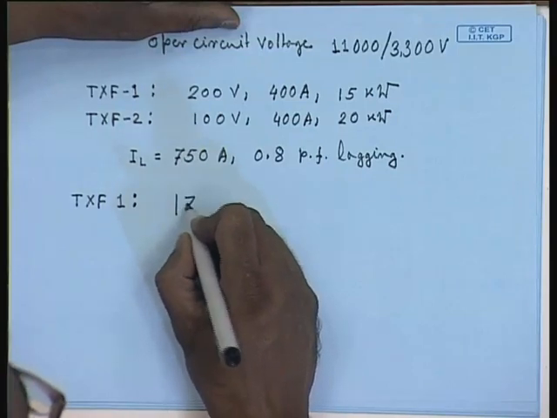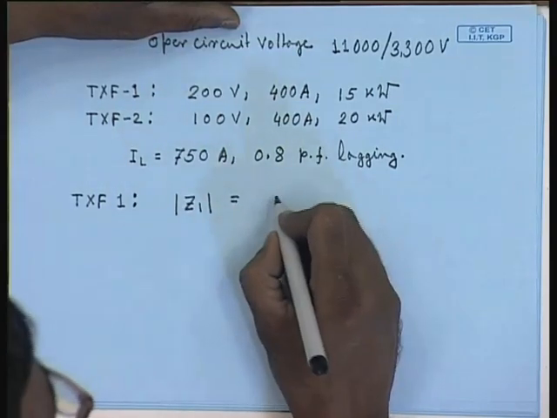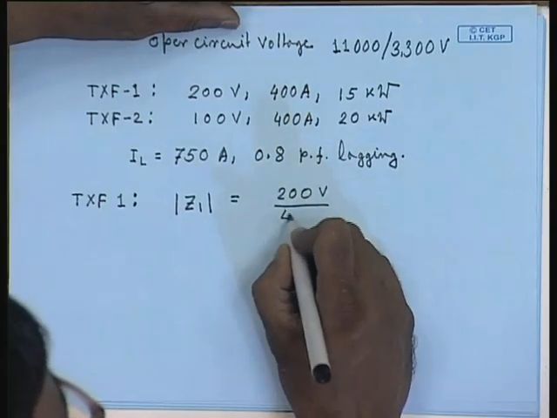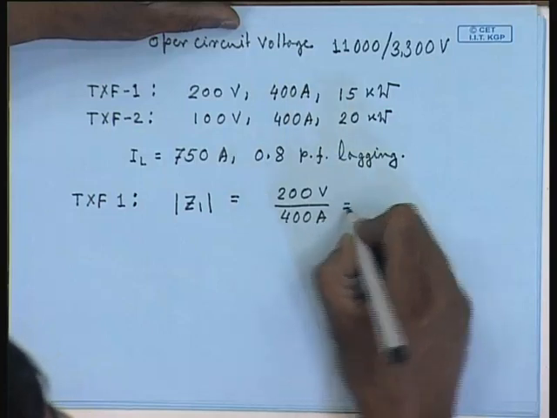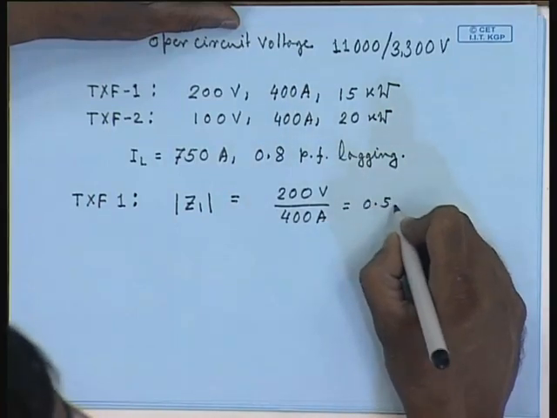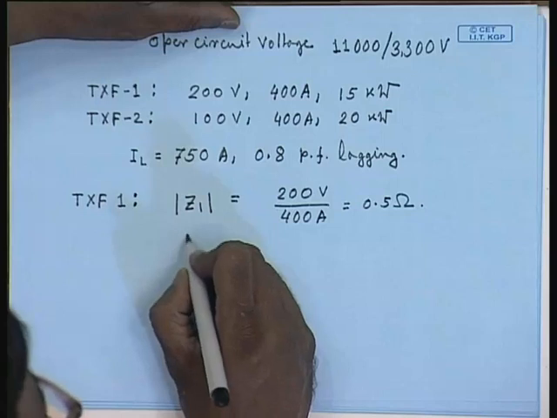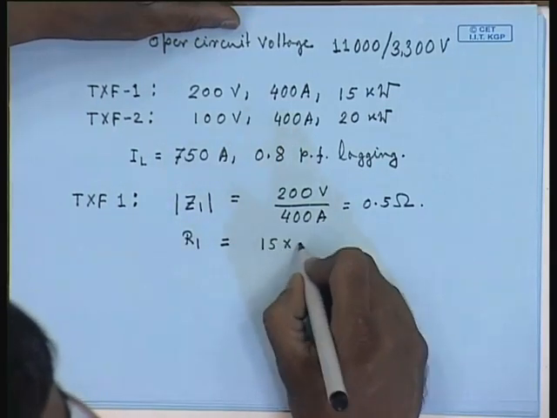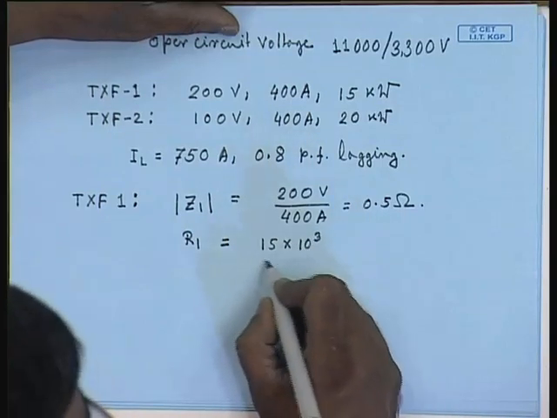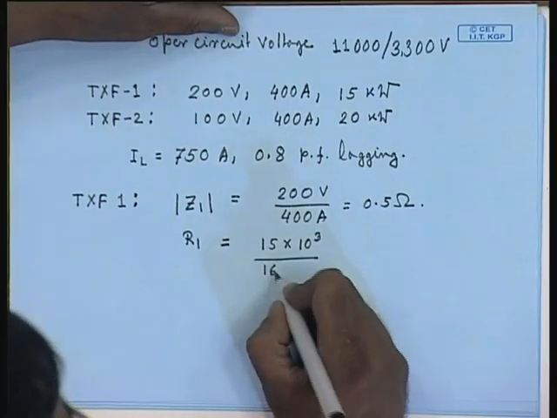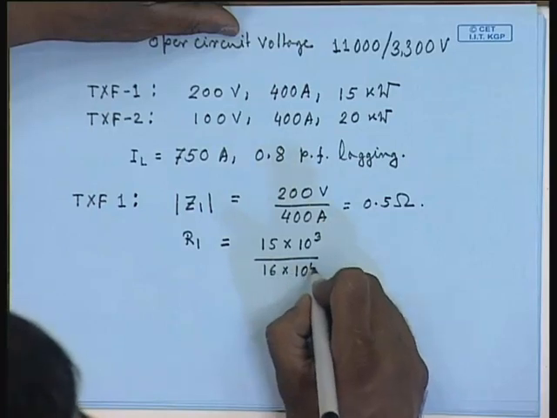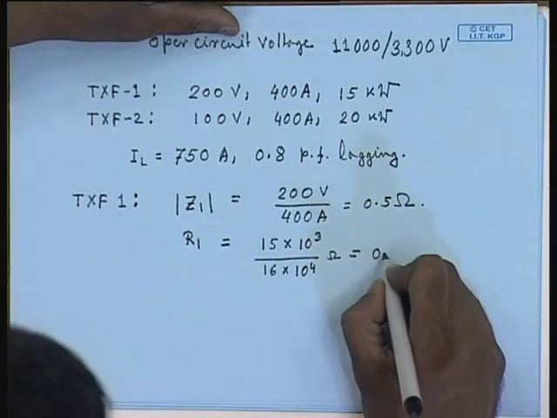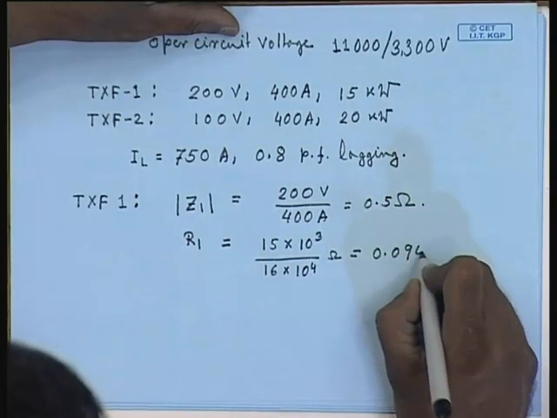mod Z1 equal to 200 volts by 400 ampere equal to 0.5 ohm, and R1 equal to 15 into 10 to the power 3 divided by 16 into 10 to the power 4 ohm, that is equal to 0.094 ohm.